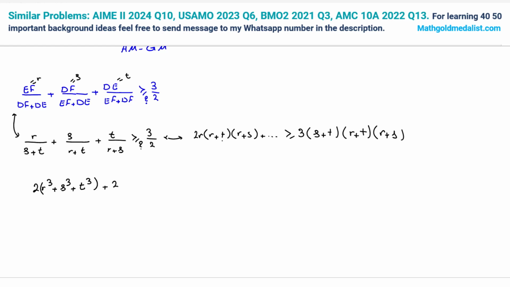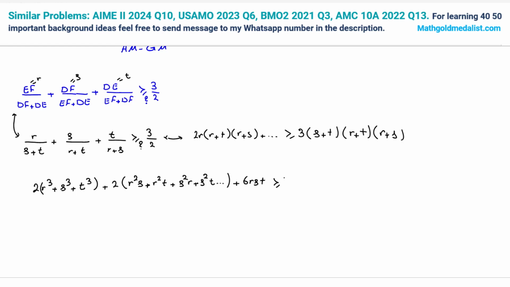plus 2r squared s plus r squared t, then, for example, s squared r plus s squared t, and plus t squared r. We can write like this, dot, dot, dot, to have more space. Then 2RST, 2RST again, 2RST, so 6RST, greater than or equal.